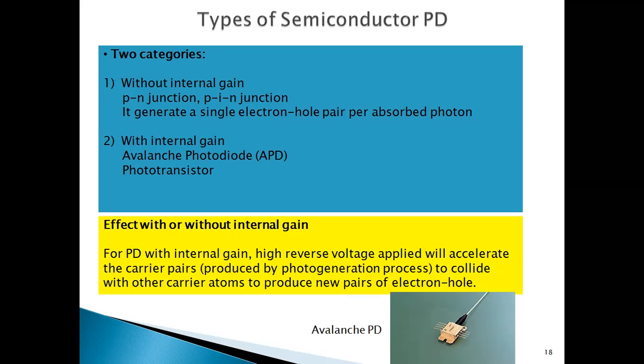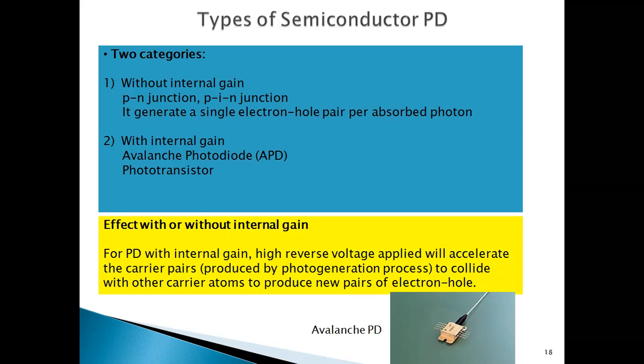Right. So for today's lecture, we're going to start with the topic of types of semiconductor photodiode. Basically, there are two categories of semiconductor photodiode that we need to know. The first one is the photodiode without internal gain.